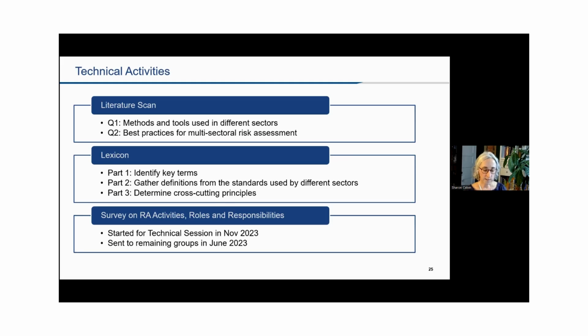We've been working on this lexicon that I mentioned, where we identified key terms as a group, and then we've been gathering the different definitions from the standards that are used by the different sectors, and we had people on our advisory committee help input into that. And then we've been looking at determining the cross-cutting principles behind those different definitions. And then we've done a survey on risk assessment activities and roles and responsibilities.